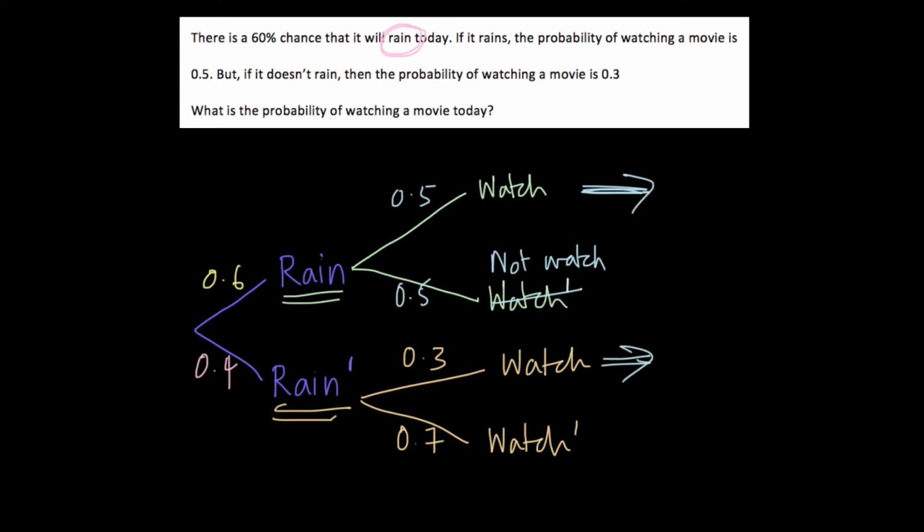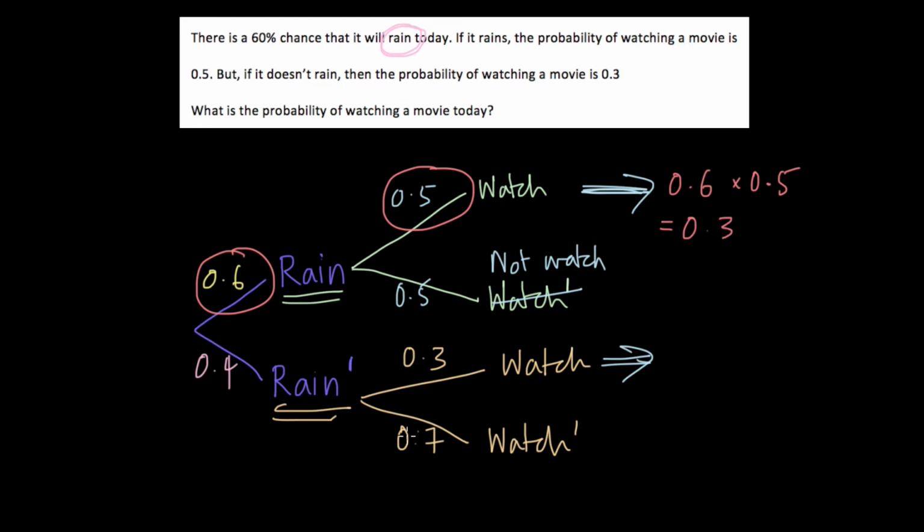So let's see the first one. How do we get the probability of raining and watching a movie? Go back to the rule: if we go across branches, we have to multiply. So the probability of raining and watching a movie is 0.6 times 0.5, which is equal to 0.3.